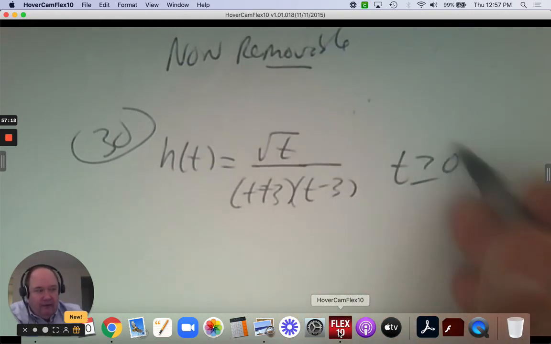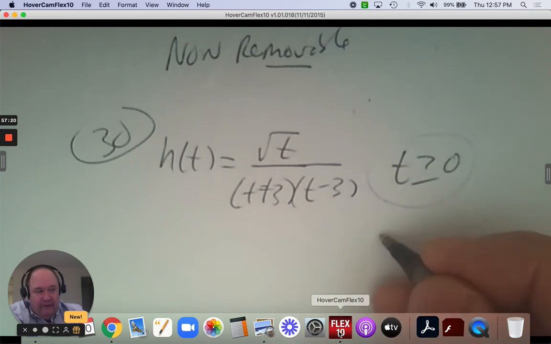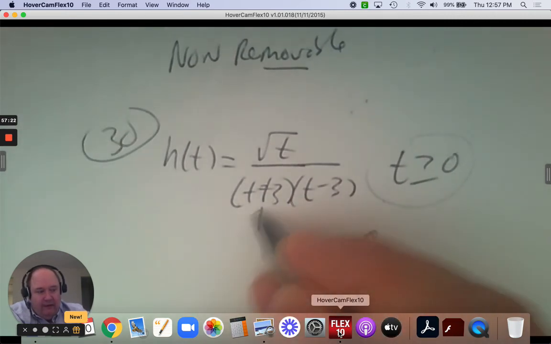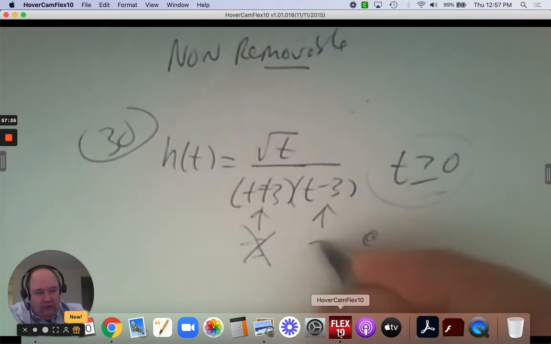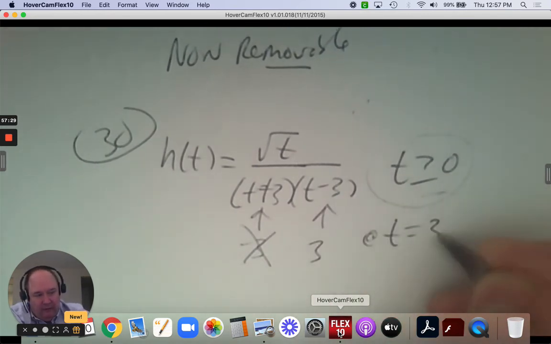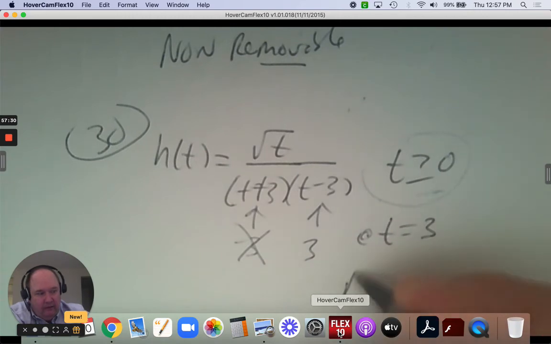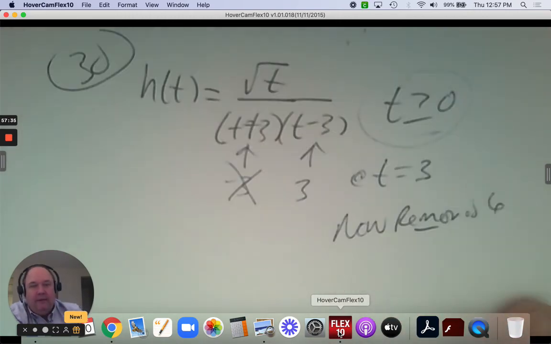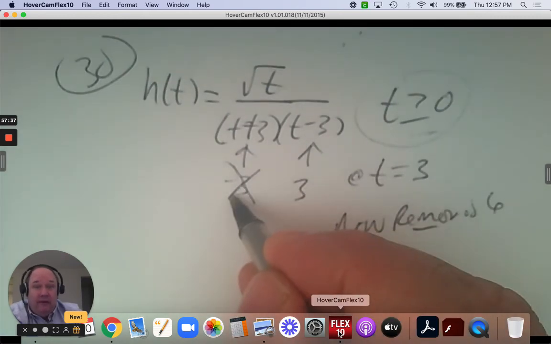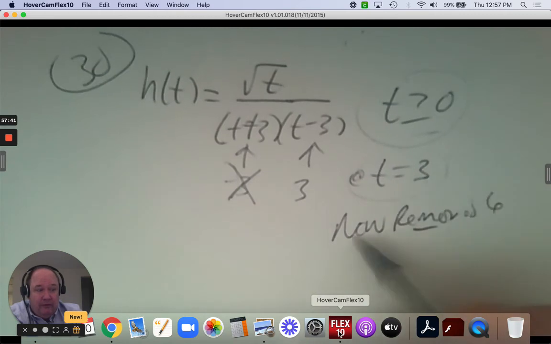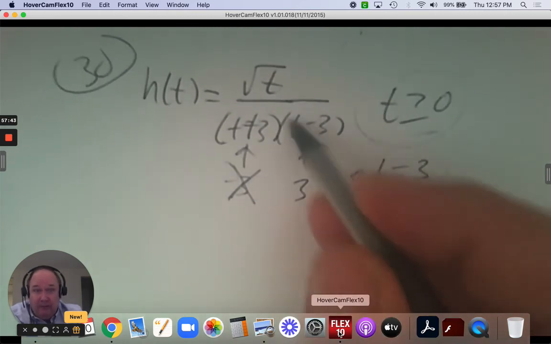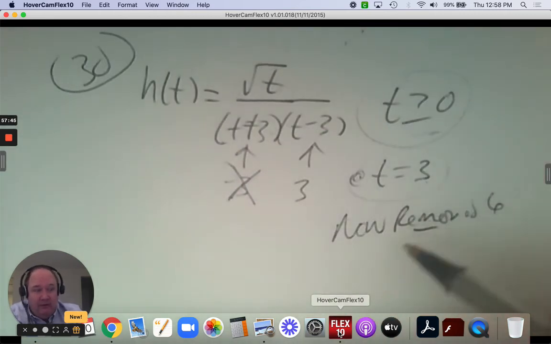Because of that, negative 3 is not even in the domain. So the only discontinuity is at t equals positive 3, and it's non-removable. The limit doesn't exist there. Negative 3 doesn't count because it's not in my domain, but positive 3 is a discontinuity. You can't remove it.